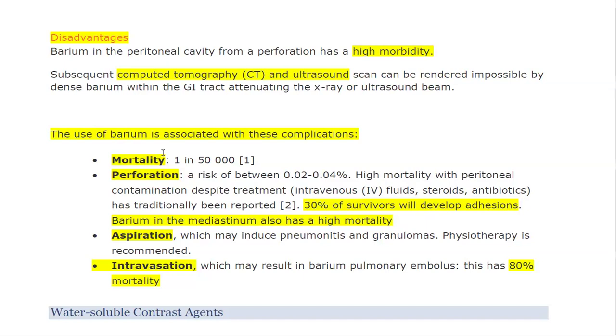And the patient may go to perforation, and if so, a quite common problem will happen: it will continue to have a high mortality from the peritoneal contamination of the barium.